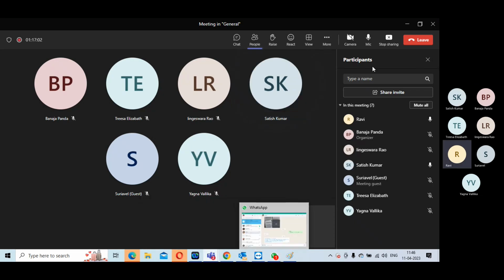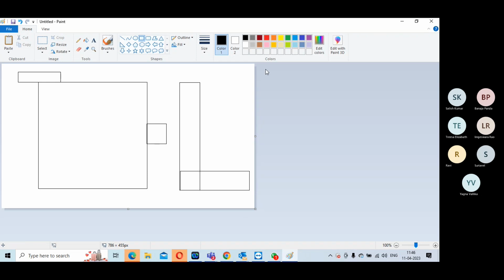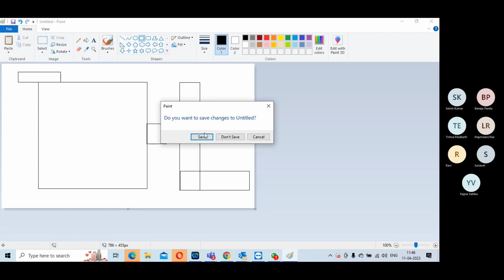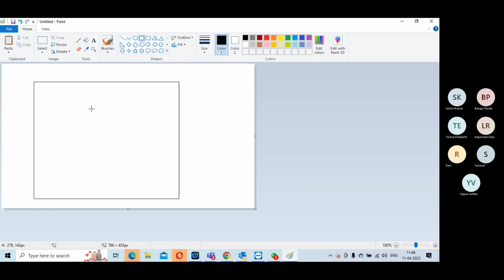Let me explain. Let me share the screen. Can I erase this? This is the block, and let's say your tap cell distance is 200 micron.